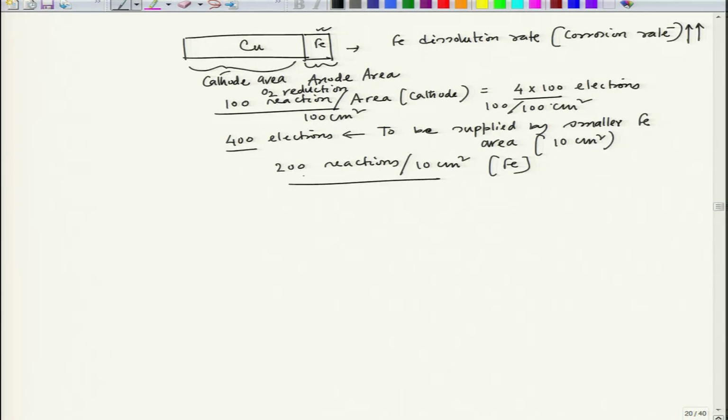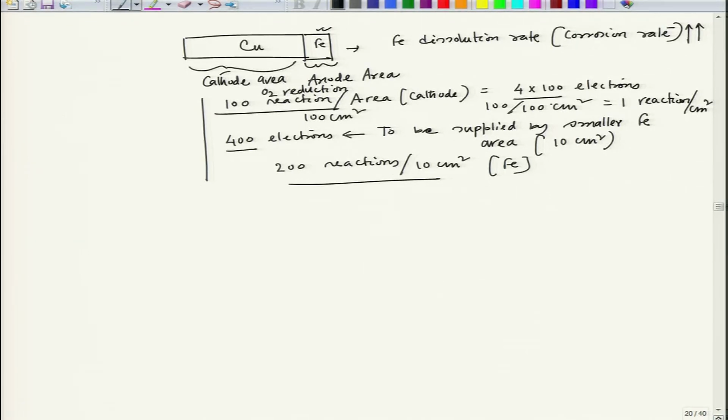So, we could see that in the beginning we had 100 reactions per, let us say, 10 centimeter square, sorry. So, if we consider equivalent reaction over this 10 centimeter square of the cathodic area, the equivalent area amount would be 10. So, here it is coming to 1 reaction per centimeter square.